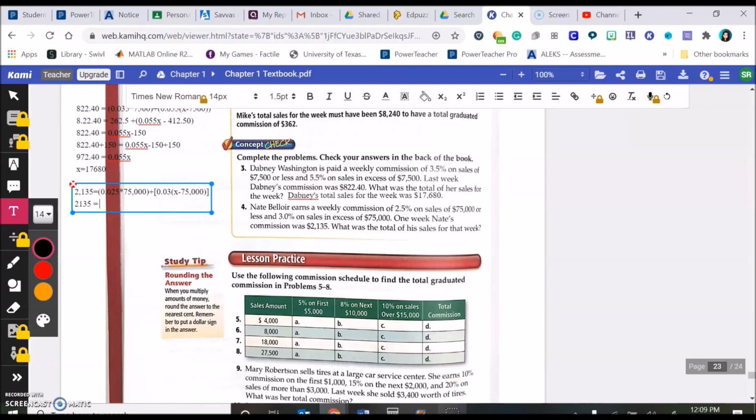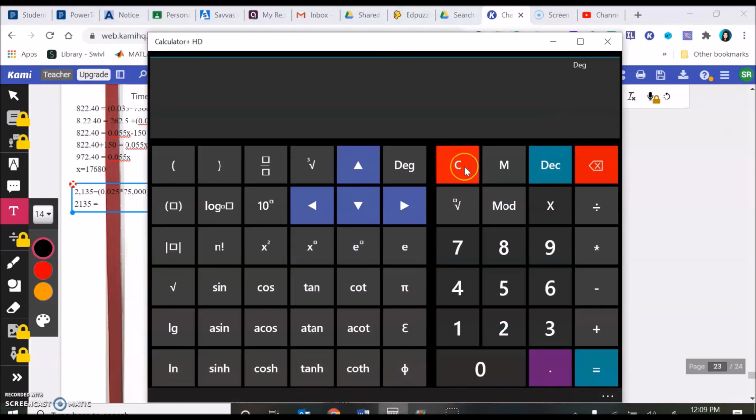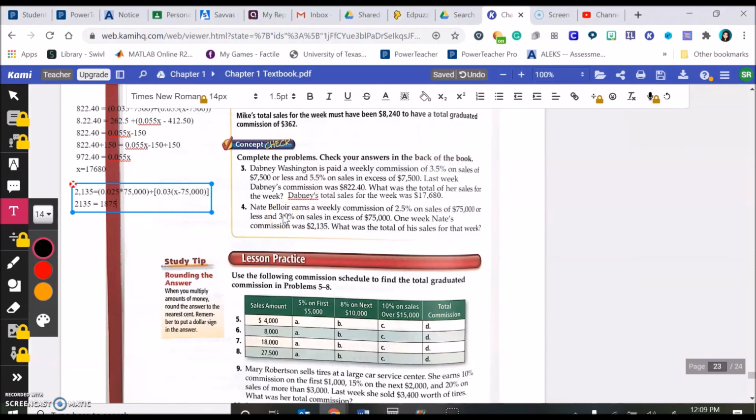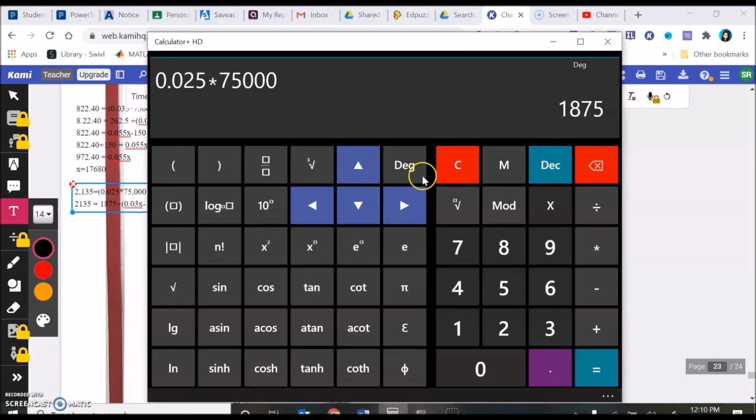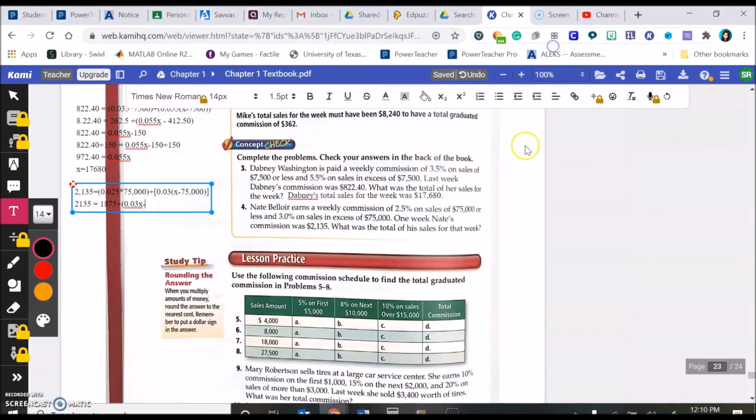Go ahead and simplify that side. 0.025 times 75,000 is 1,875, plus 0.03x minus 2,250.